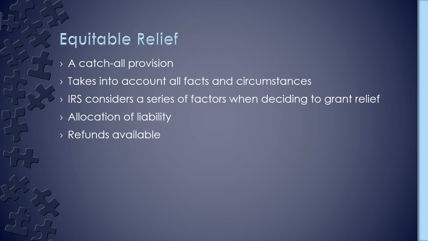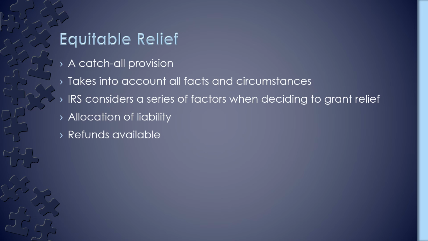Finally, equitable relief. This is available in situations where you would not qualify for innocent spouse or separation of liability relief. This is kind of a more wishy-washy type of relief because the IRS will look at a series of factors and apply your facts and circumstances to them to decide if they're going to grant you relief or not. I think there's like 9 factors, but the IRS says that it's not all inclusive, that they may add other factors.